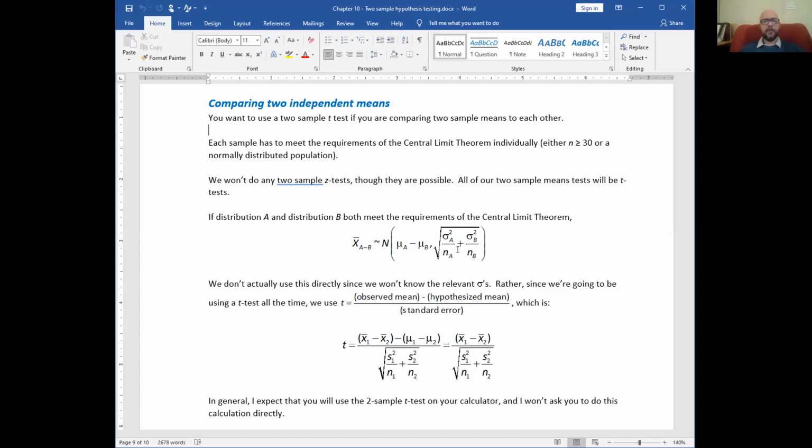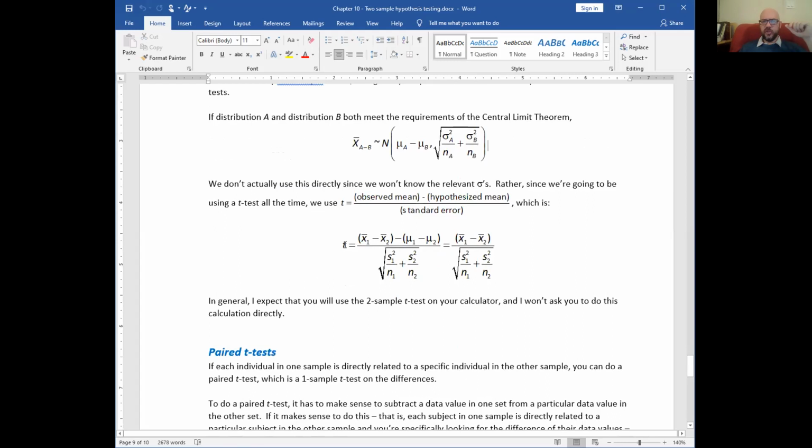That's what I'm trying to say there. If those original distributions were normally distributed, you end up with this, which I never showed us how to calculate this statistic, but it's like this in general. I expect that you will use the 2-sample t-test on your calculator. I won't ask you to do this, but if you want to see how the test statistic is calculated, there it is.